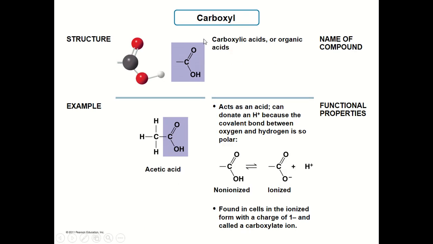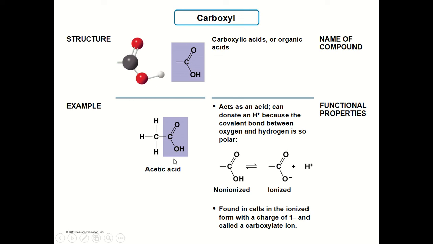Next is the carboxyl group. The carboxyl group involves an oxygen attached to the end of the carbon group, and also a hydroxyl attached to the same carbon, so we can write it as COOH.